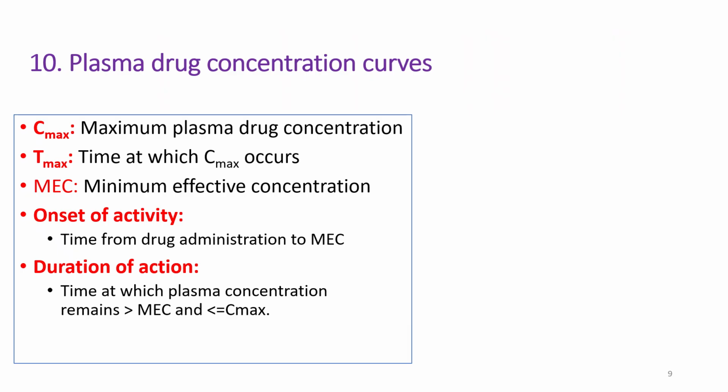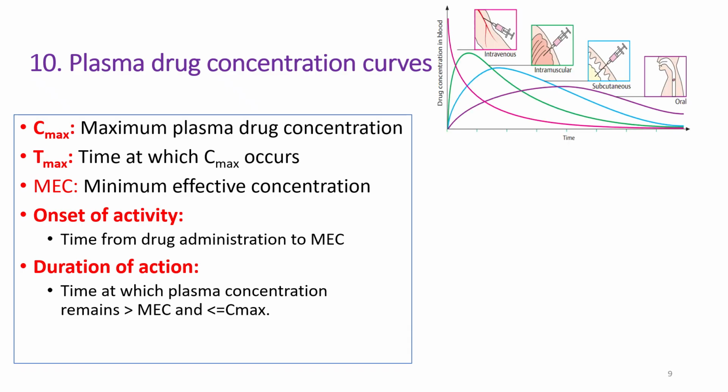Let's briefly talk about different types of plasma concentration curves. We frequently use these terminologies when you see any drug label information, which has pharmacokinetic parameters like Cmax and Tmax, minimum effective concentration, onset of action, and duration of action. When you see the graphs, you can appreciate the route of administration.